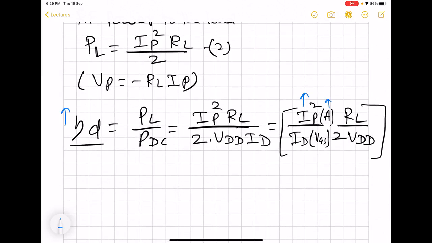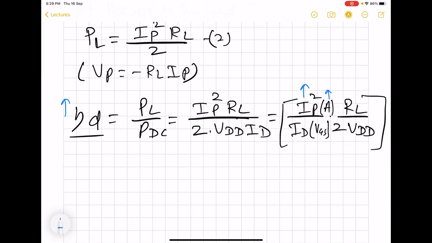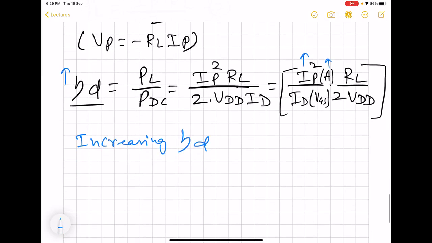That means your eta D goes up. And this can be done without altering, keep in mind, VGS or VDD, right? So for increasing eta D, first what we do is increase the amplitude.